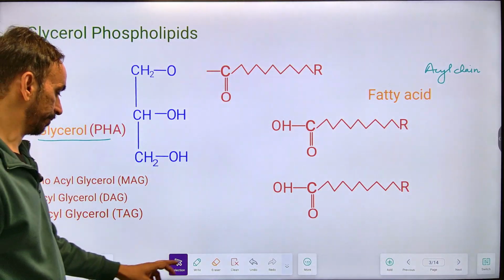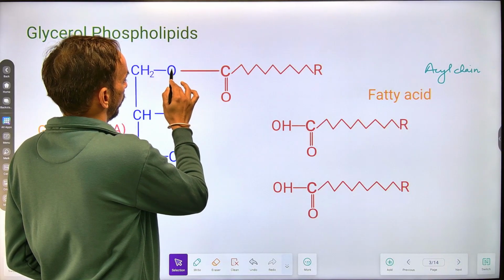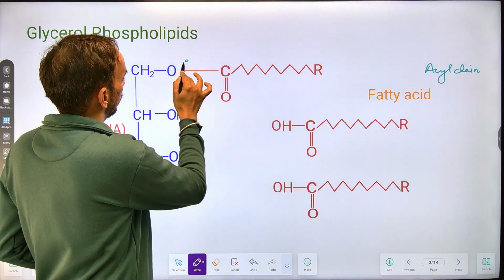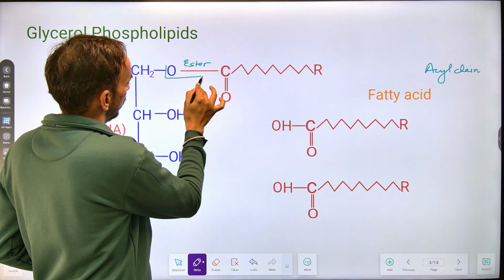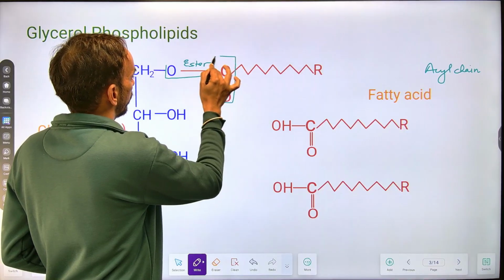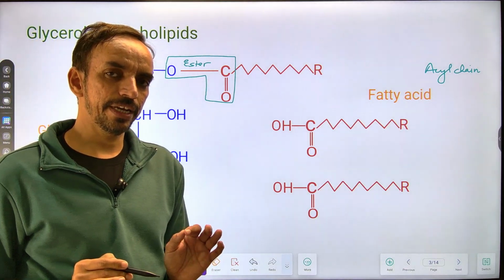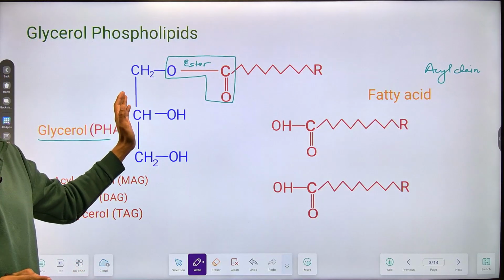H2O, and there is a formation of a bond, that is the OCO bond. इसे अपन कहते हैं एस्टर बॉन्ड. This bond is an ester bond. So lipids are esters of fatty acid and polyhydroxy alcohol.